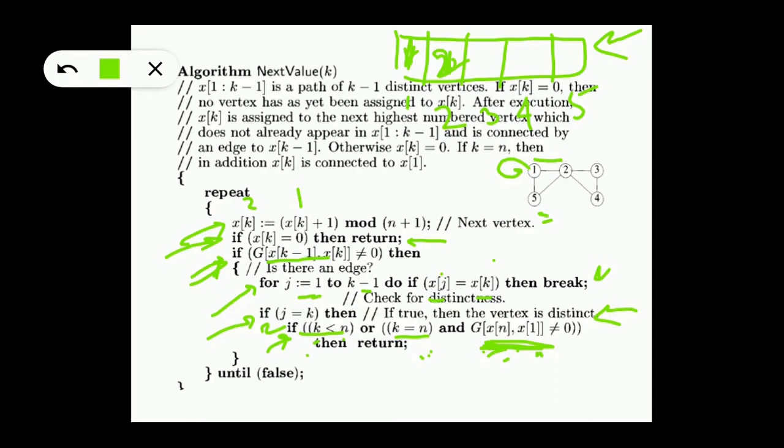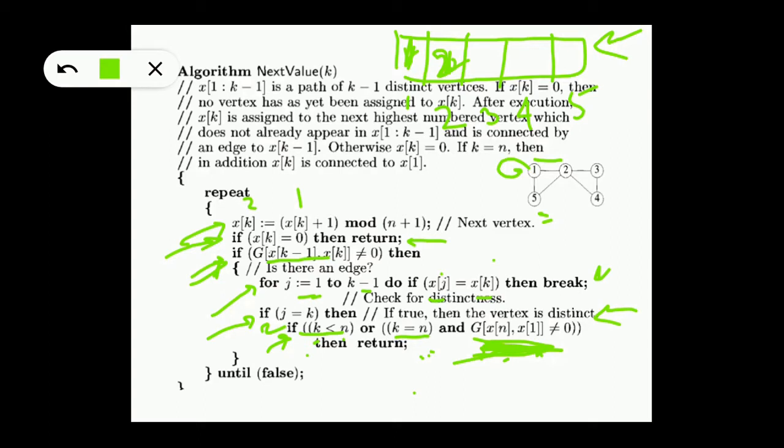So if k is equal to n and g of x of n, there exists an edge from x of n to x of 1, it means that we have got a Hamiltonian cycle, and we simply print the result and come out of it. So printing the result is done in the algorithm Hamiltonian.